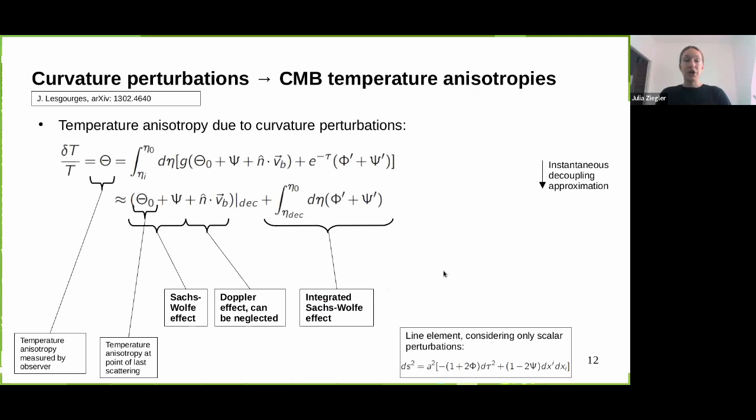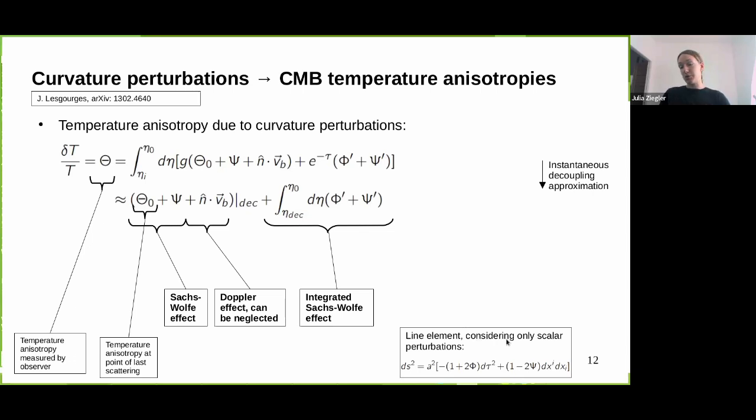So, the temperature anisotropy due to curvature perturbations can be then written as you can see here. So we look at the temperature perturbation compared to the background temperature T. And here the fields psi and phi appear. Those are the ones from the line element that I also have written here just for memory in this box.